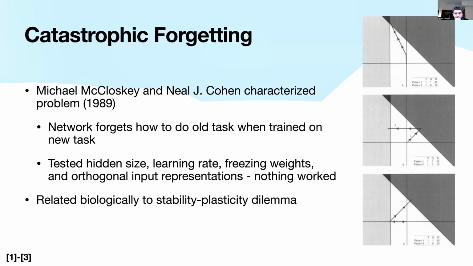And then there's this fundamental idea that what's really going on here is related to what's called the stability-plasticity dilemma. It's essentially that you can have it one of two ways.